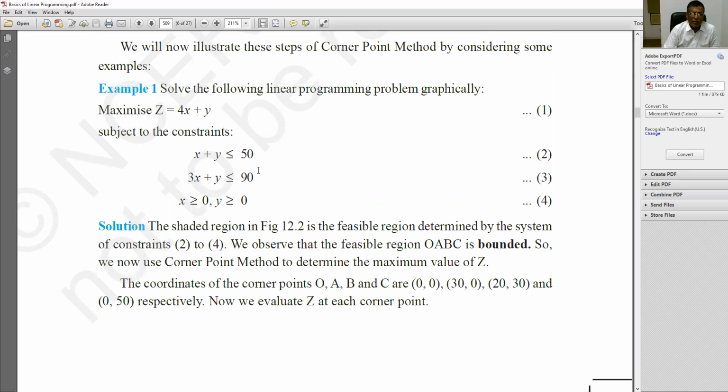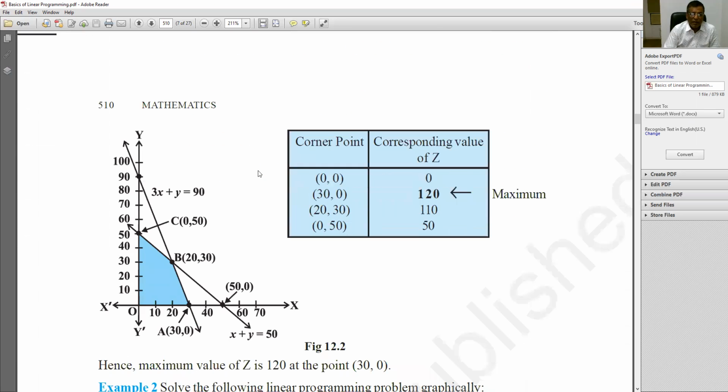No other values, like this 50 or whatever may be the other value, are going to satisfy. So this is the feasible region. So we have to check our result within this domain and this region.